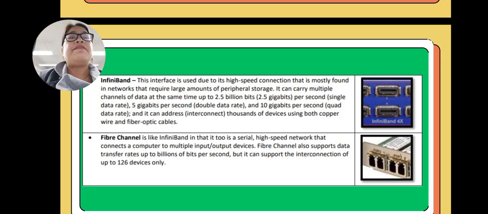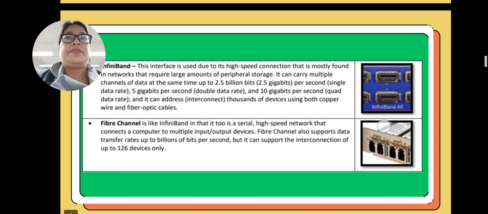It is like InfiniBand in that it is a serial, high-speed network that connects a computer with multiple input or output devices. Fibre Channel also supports data transfer rates of up to billions of bits per second, but it can support the interconnection of only up to 16 devices.